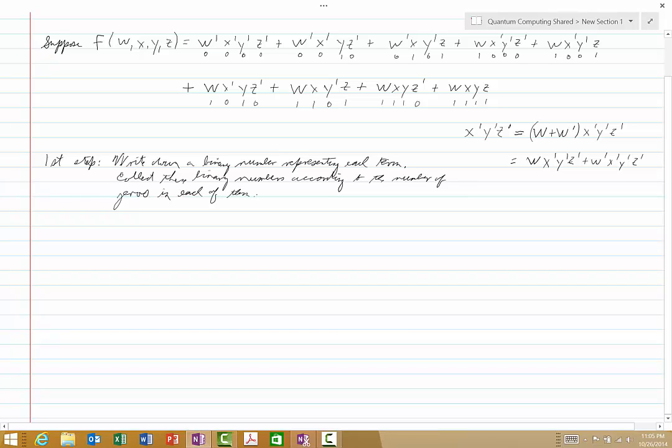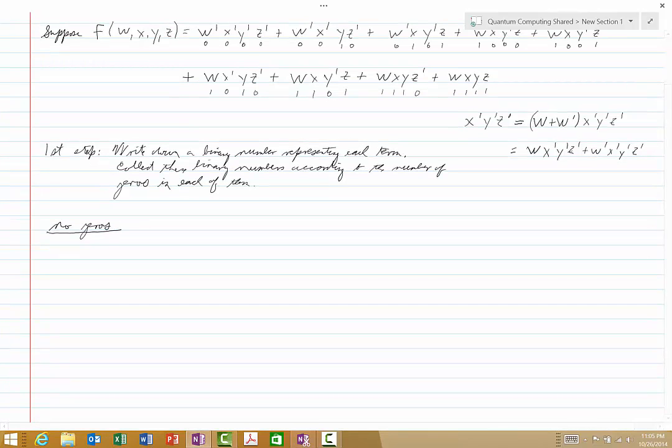What I mean by that is we start by listing the terms with no zeros. And of course, there's only one of those that has no zeros, and that is 0, 0, 0, 0. And that's it. So we've now accounted for the first one.